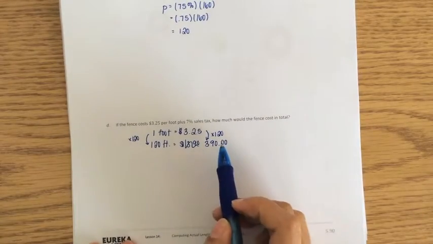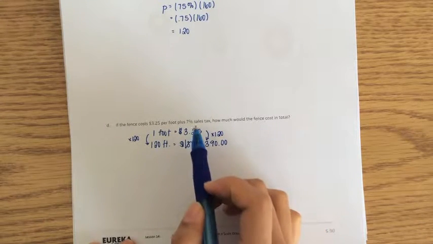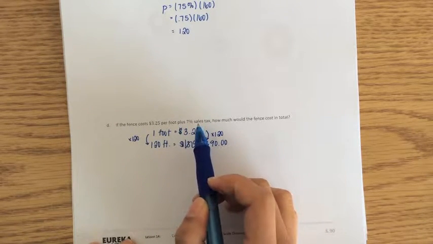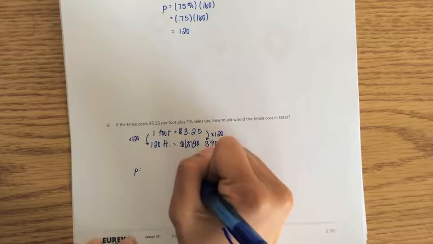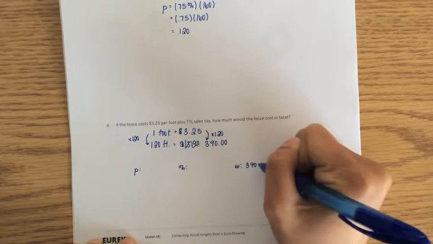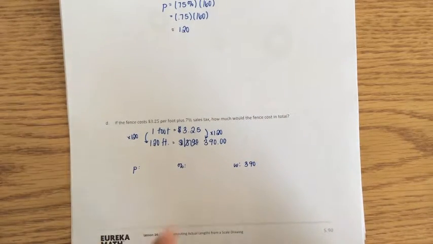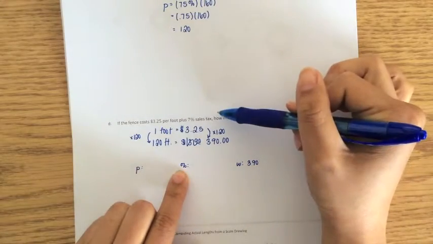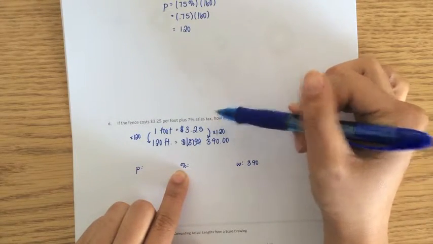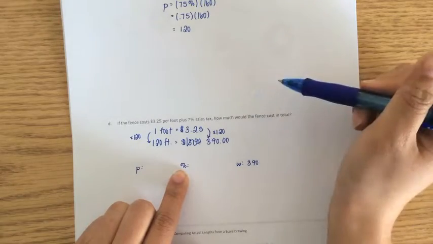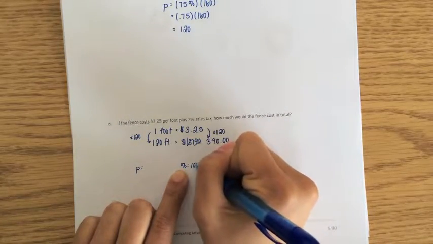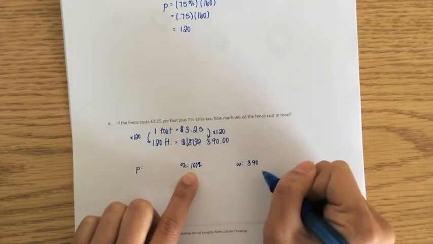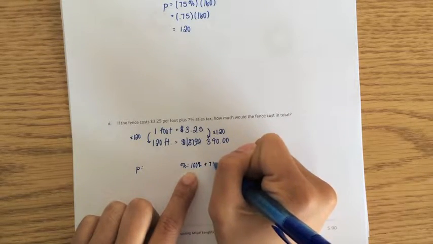So that means for the fence, it's going to cost $390, but you want to add an additional 7% sales tax to this. So remember, part, percent, and whole. Our whole is going to be $390. Our sales tax is 7%, but if you want to find out what 7% of 390 is and then add it back on later, that's fine. But what you could do is take 100%, which is our 390, and add 7% to that.